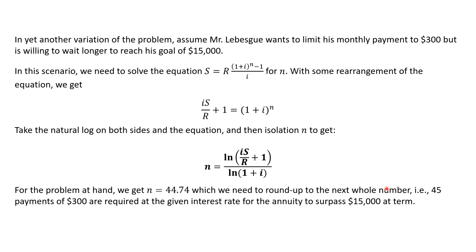So we would want to round that up, and the message to Mr. LeBay would be that if you want to not go beyond your $300, but still get $15,000, you would need to extend the annuity. Instead of 3 years, you would need 45 months basically to make your $15,000.